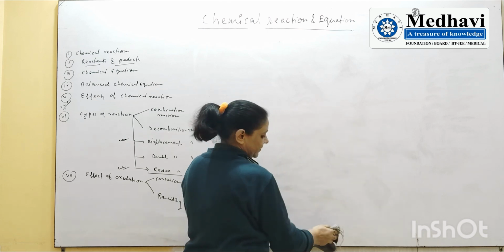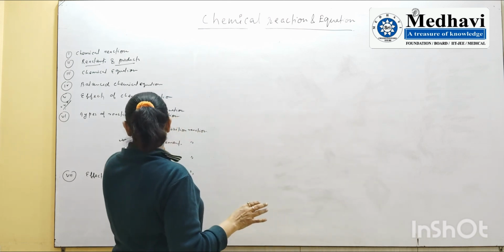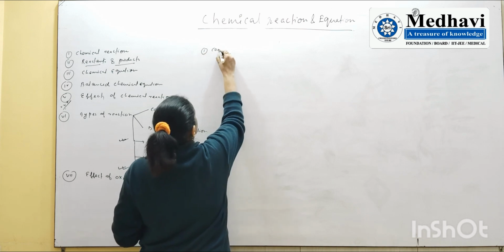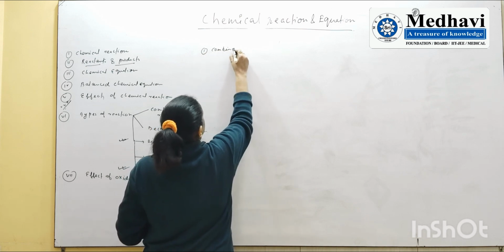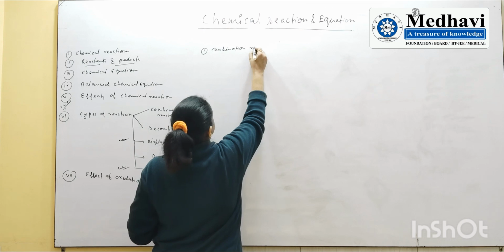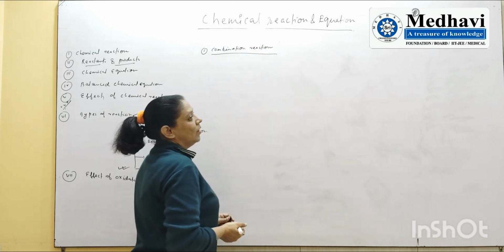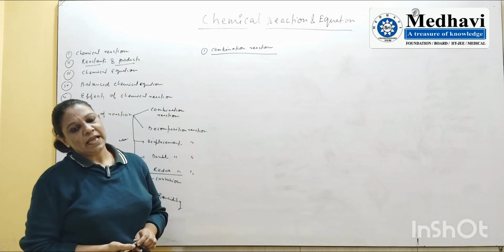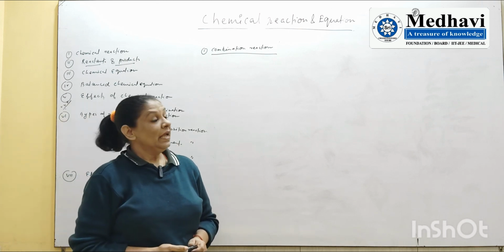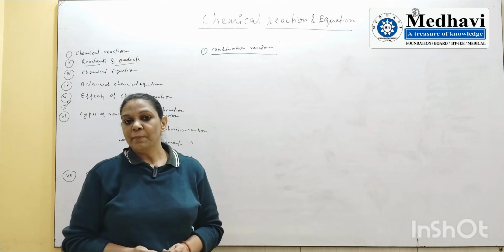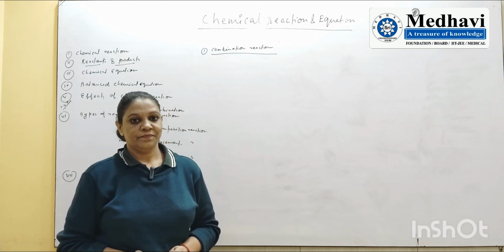The first reaction that I am going to explain is the combination reaction. Very, very important. Combination reaction is a type of chemical reaction in which two or more substances combine to give products.